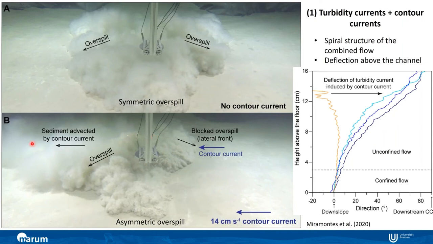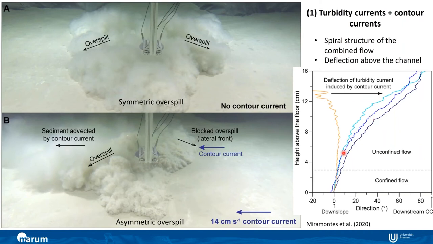With this instrument here, we took some measurements in the center part of the channel. Here we have no contour current, and these are three different velocities of contour current. We see that right above the channel height, where the flow is already unconfined, the combined flow starts to be deflected to the side of the contour current.